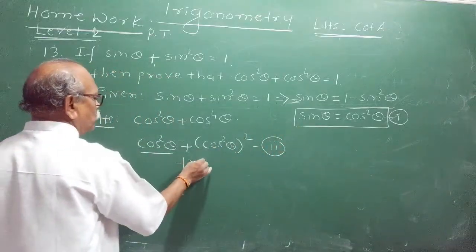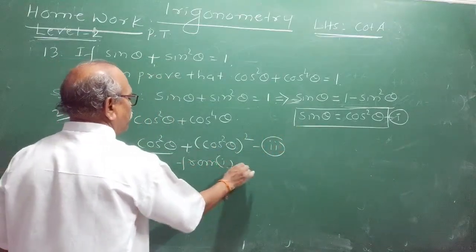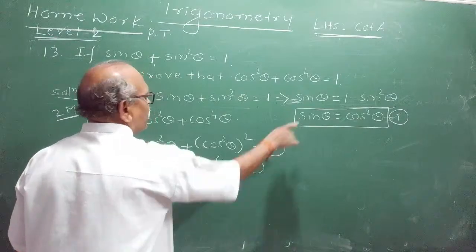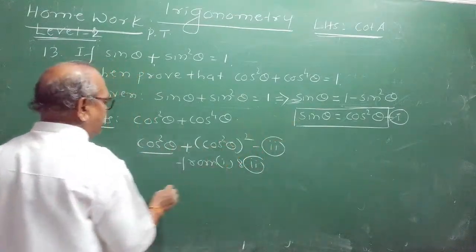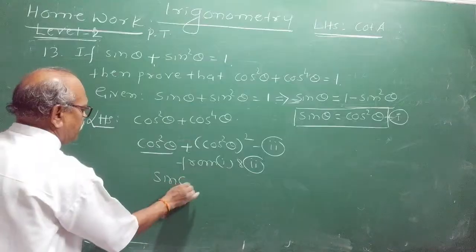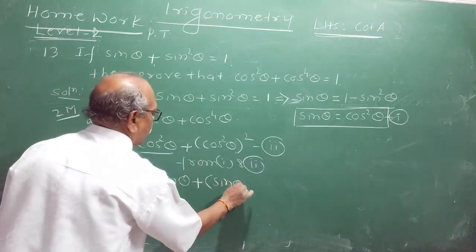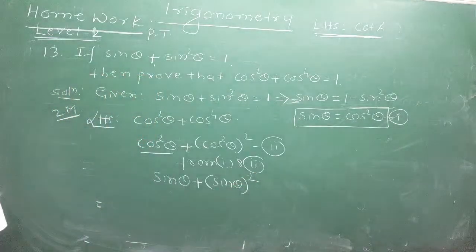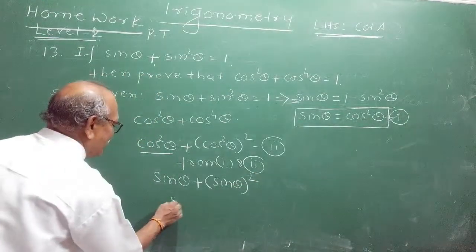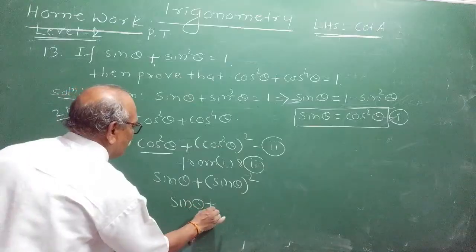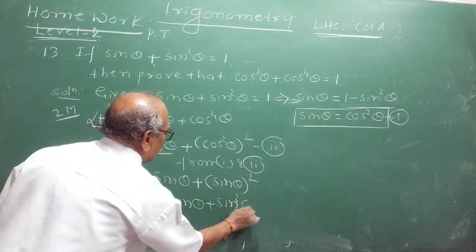From 1 and 2, wherever cos square theta is there, can I write sin theta? Yes, I will write sin theta plus sin theta the whole square. Observe, you got it. That is sin theta plus you are left with sin square theta.